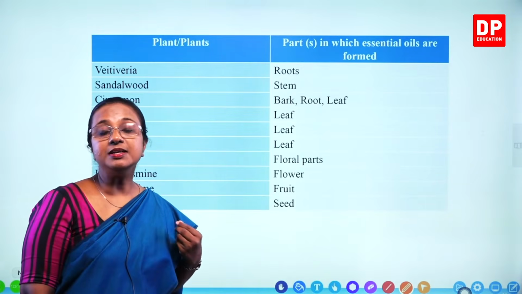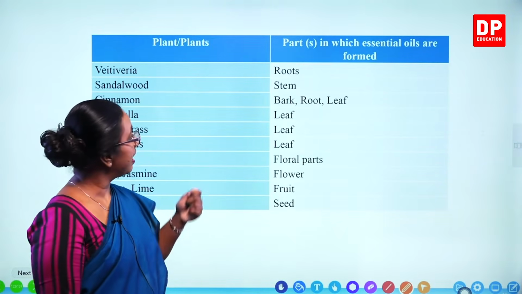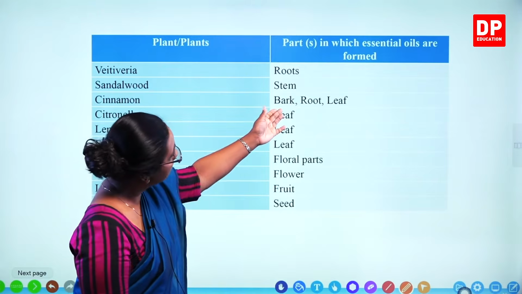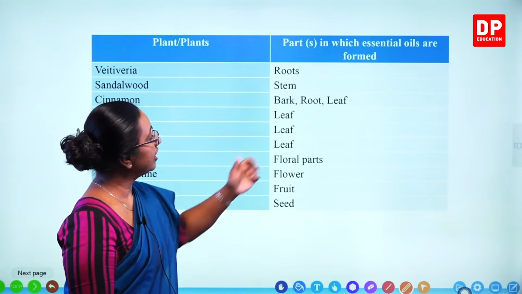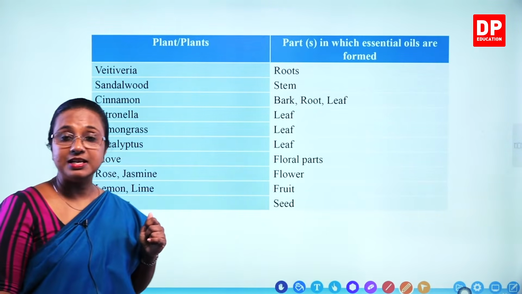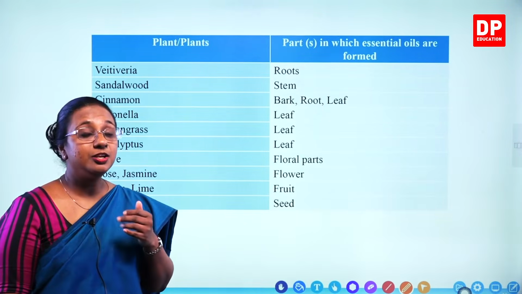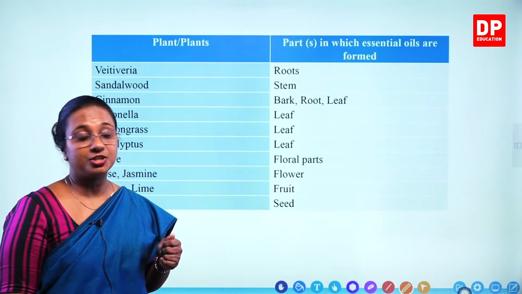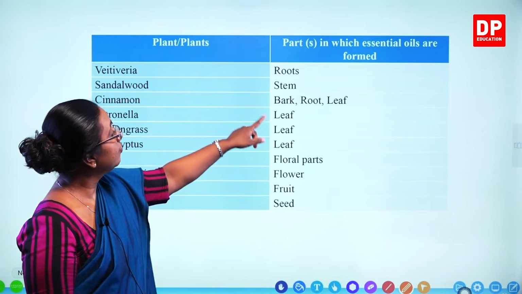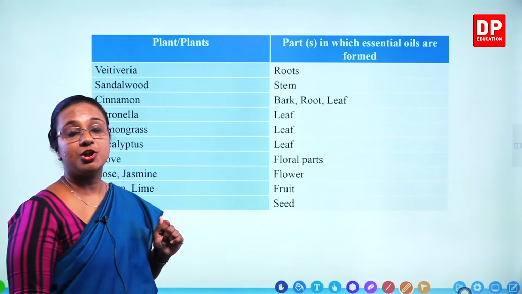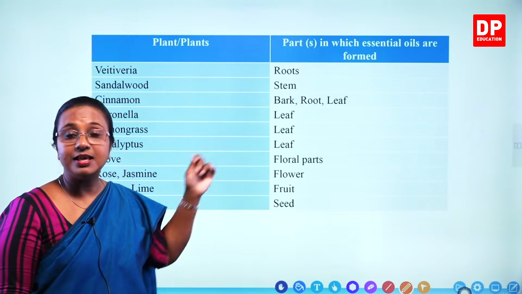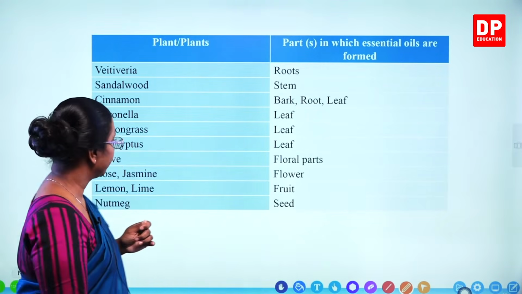As a condiment, we add cinnamon bark to food. Root has essential oils and we use the cinnamon leaf to extract essential oil using steam distillation. So that is a plant where you get essential oils in all three parts of the plant.